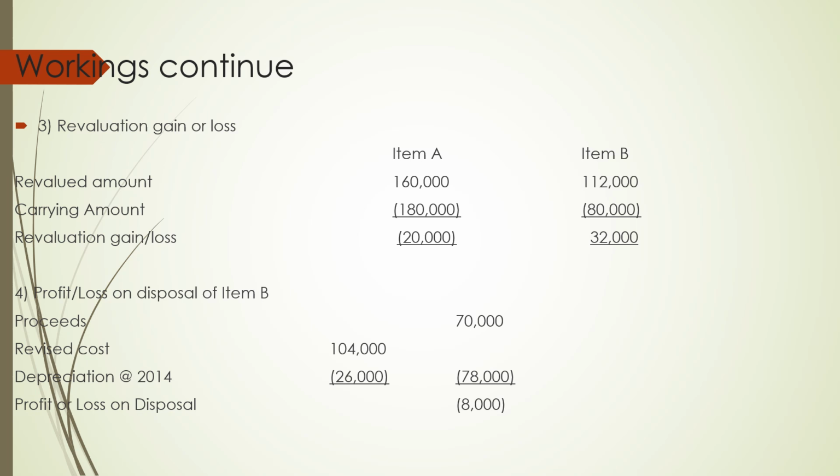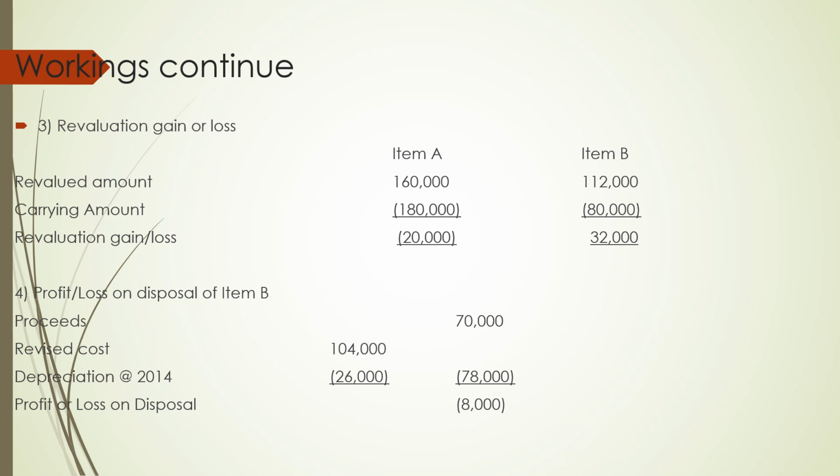Lucky for us, item B was revalued upwards, meaning that it was revalued at 112,000, but the carrying amount of the item in our books was worth $80,000, giving us a revaluation gain of $32,000. In our previous discussion, I dealt with how to treat both revaluation gains and revaluation losses.